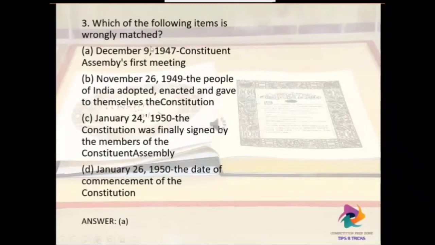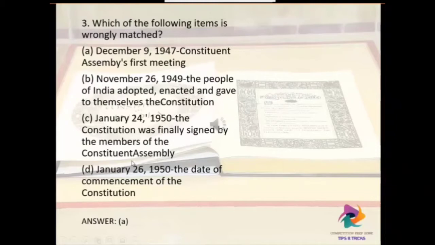Question number 3. Which of the following items is wrongly matched? A. December 9, 1947, Constituent Assembly's first meeting. B. November 26, 1949, the people of India enacted and gave to themselves the Constitution.